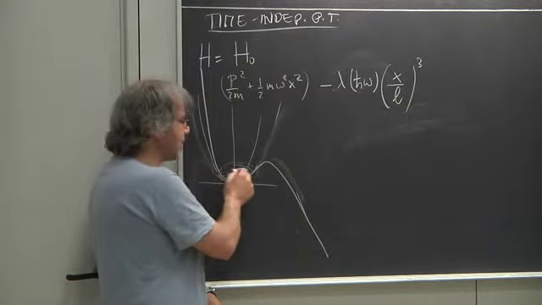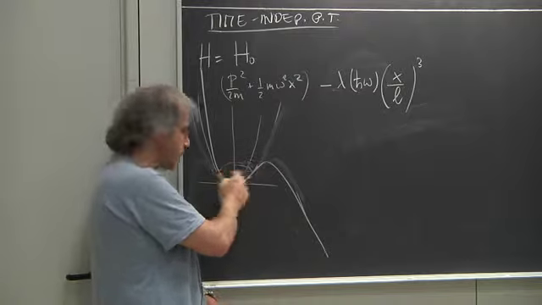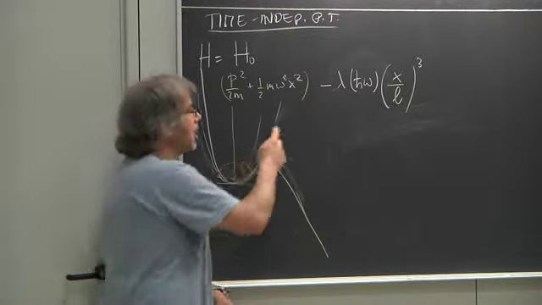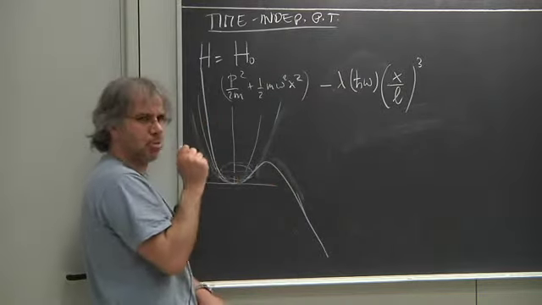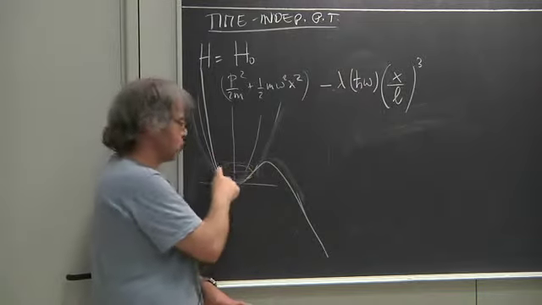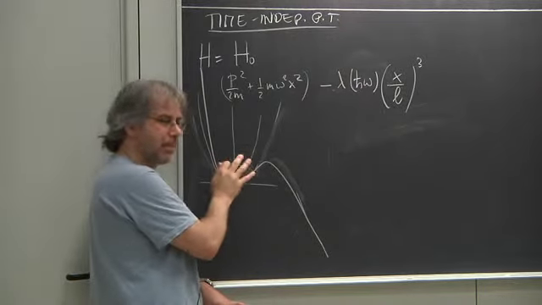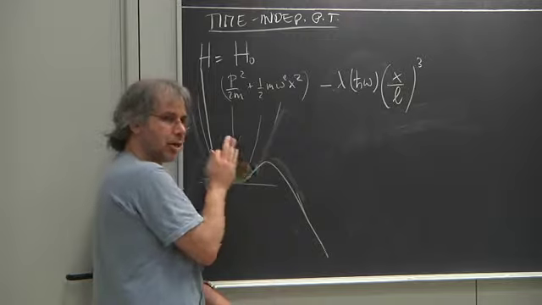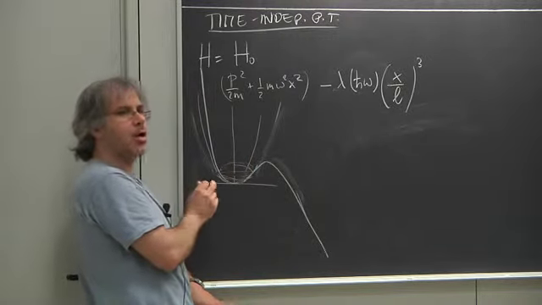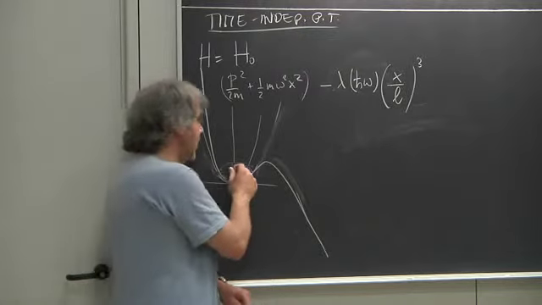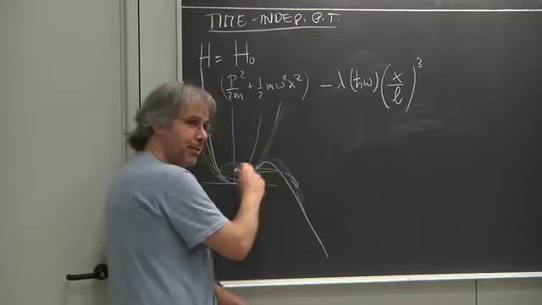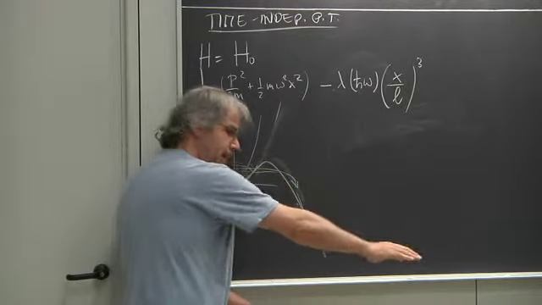If you prepare your particle there, it will stay there for a very, very long time. And you can make this time longer and longer if you make lambda smaller and smaller. Okay? So in some sense, it is reasonable to think of these objects, although, strictly speaking, there are no exact states of the Hamiltonian. They are only metastable states. So they will eventually decay, by tunneling through this barrier and going to plus infinity.